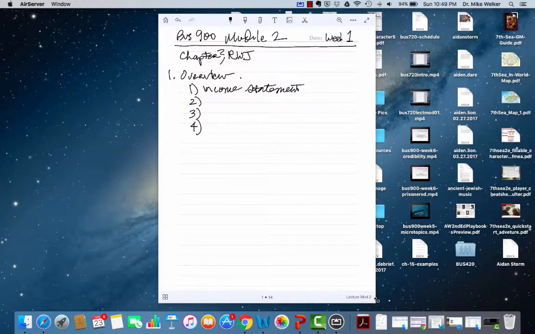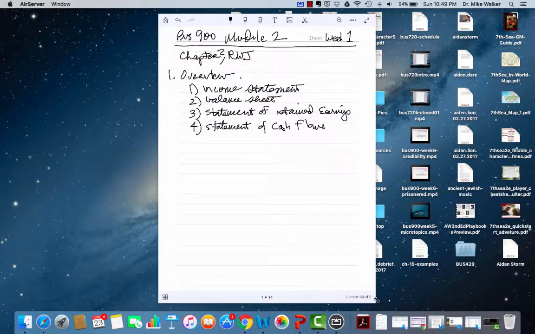We also will see them preparing a balance sheet, and we'll have a statement of retained earnings. Pretty common to see. And you'll see a statement of cash flows. Very crucial. As we saw from the last module, the bread and butter of finance is going to be the cash flows.